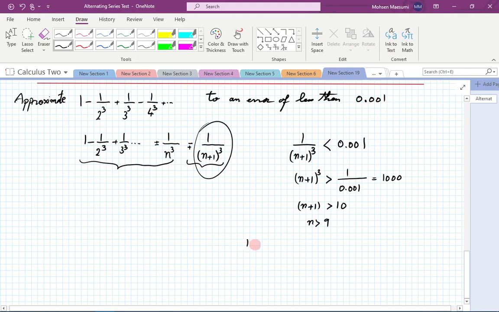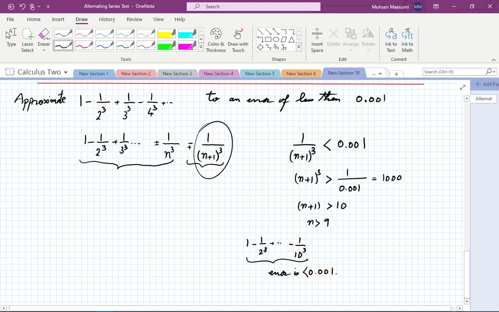So if I go 1 minus 1/2 cubed plus, the last, if I write n equal to 10, is going to be negative 1 over 10 cubed. If I calculate this, the error of this, that is, this value taken as the value of the series, the error is going to be less than 1,000th.